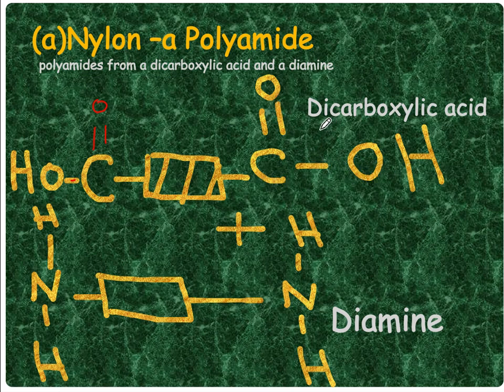We say dicarboxylic acid because this compound has two functional groups, C double bond OOH, C double bond OOH. So di means two: one side C double bond OOH, the bracket which contains the number of carbons, and the other part of the box is C double bond OOH.